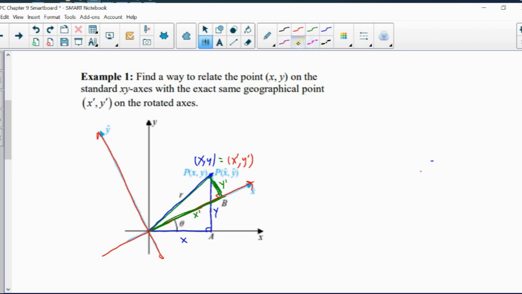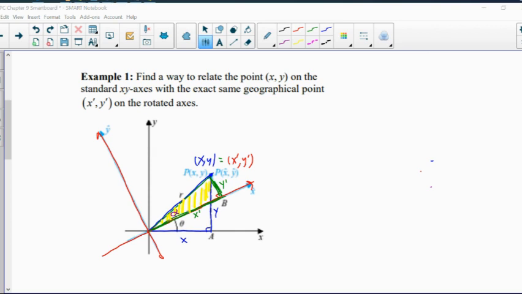So let's look at this upper triangle here, because again, it's a right triangle. I don't know this angle here, it's different than theta, but I'll just call it alpha for now. But I know a lot of things about that yellow triangle.